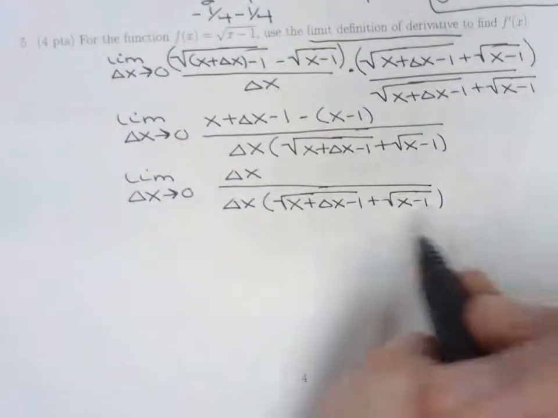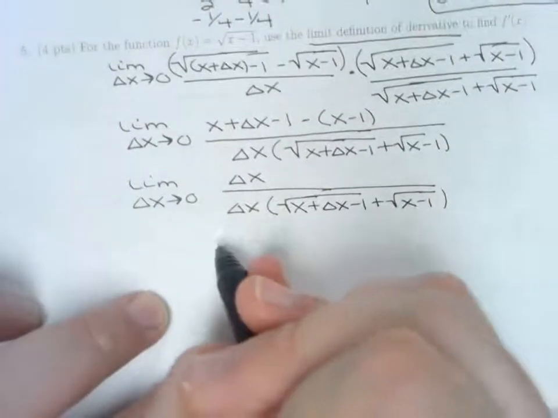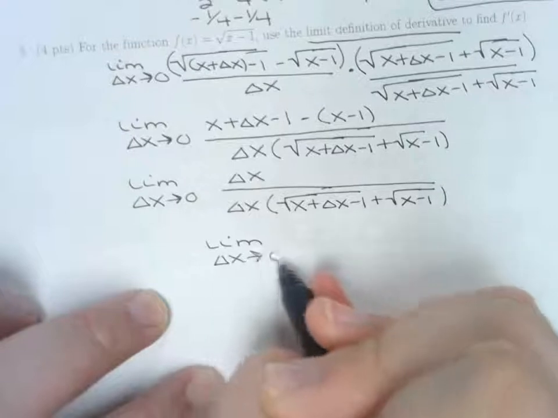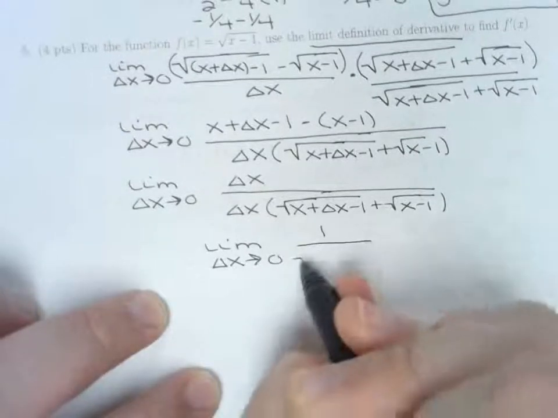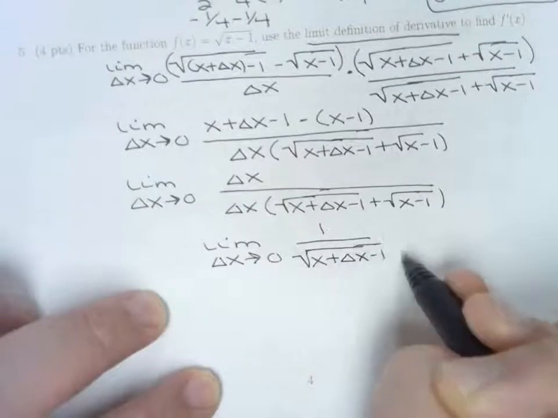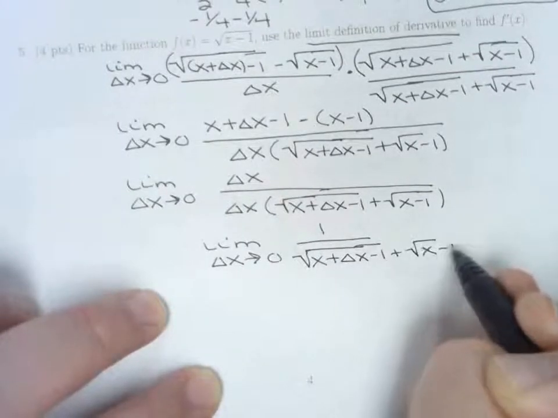Should all kind of get to the same part with all of these. Delta x's cancel, so I have the limit as delta x goes to 0 of 1 over square root of x plus delta x minus 1 plus square root of x minus 1.